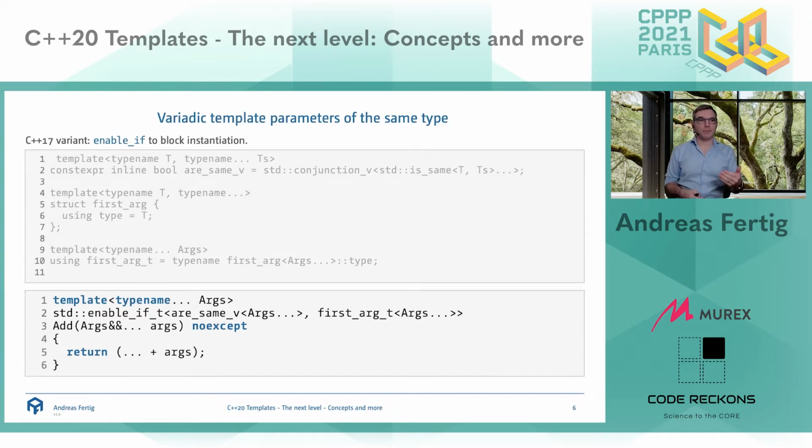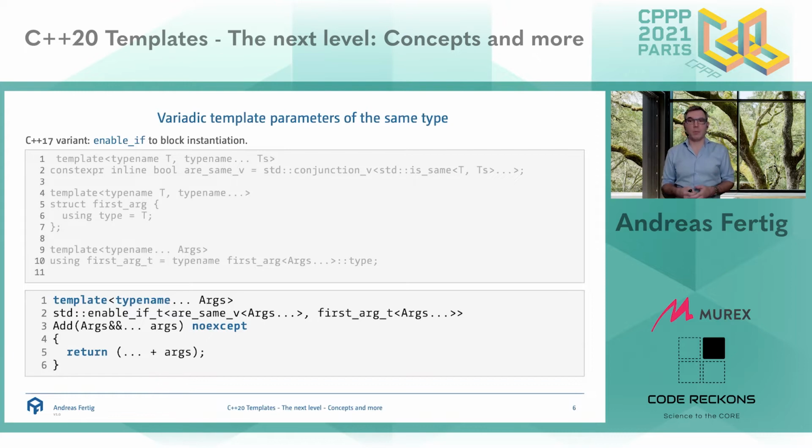And then in the not grayed out part at the bottom of the slide, we see the implementation. In line number 1, we can see it is a variadic function template, no surprise there. It says typename ... and I name this parameter pack Args. And then in line number 3, we can see, yes, the function is named add.